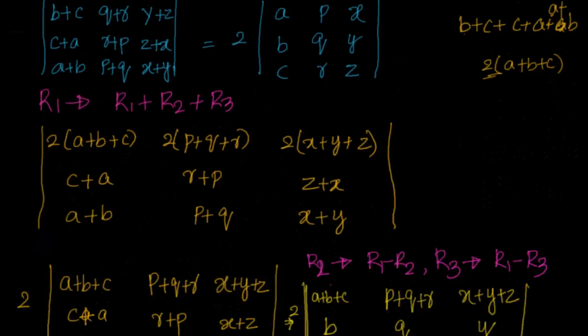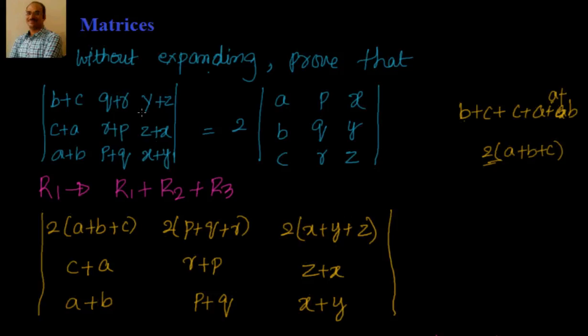How have we done that? We see that on the left hand side we have all additions. On the right hand side we have just a simple a, p, x, b, q, y without any operation on them. So if somehow I can manipulate the left hand side and get 2 out, then I should be able to proceed further.